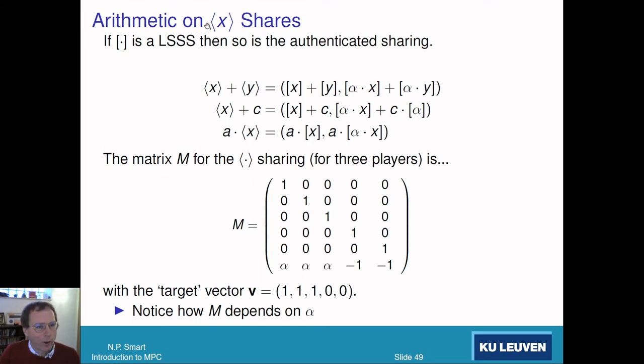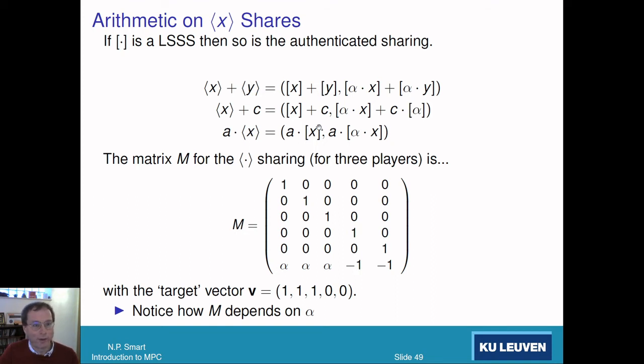We call this angle bracket sharing an authenticated sharing, because if square brackets is a linear secret sharing scheme, irrespective of, I know on the previous slide I just did it with the complete additive secret sharing scheme, but if it is an arbitrary scheme, then so is the authenticated one. If square brackets is a linear secret sharing scheme, then so is angle bracket.